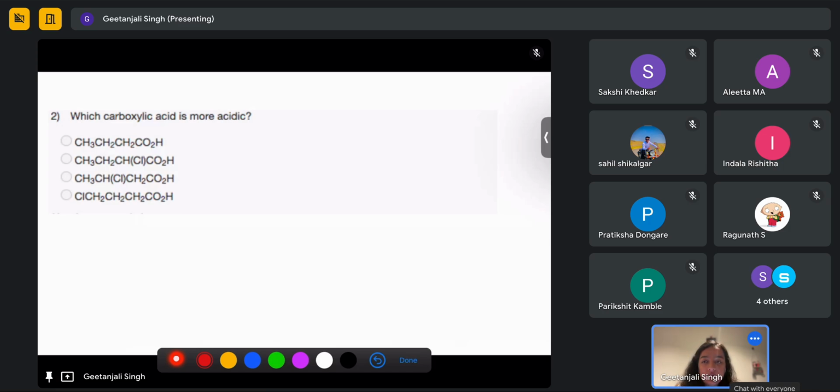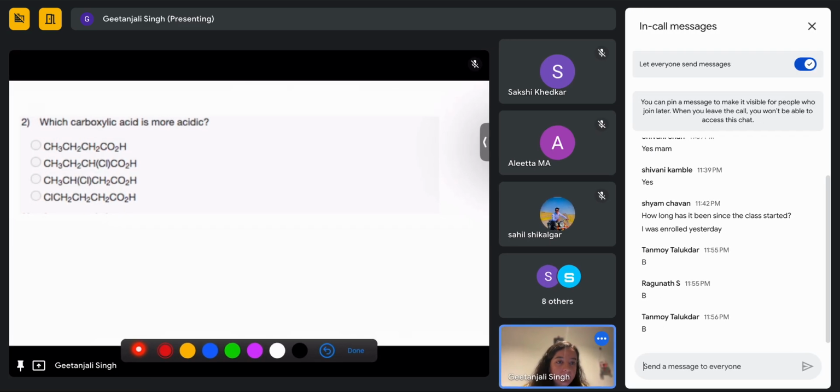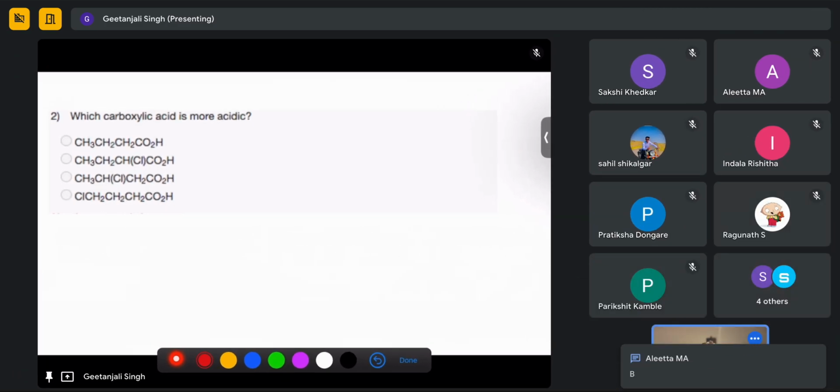Now, inductive effect. Is Cl electron withdrawing or electron donating? Anyone? You can unmute yourself and give me the answer. If not, just put it in the chat box. Good. Yes, Cl is electron withdrawing, and we know that electron withdrawing increases the acidity of the compound by pulling the electron density towards itself.